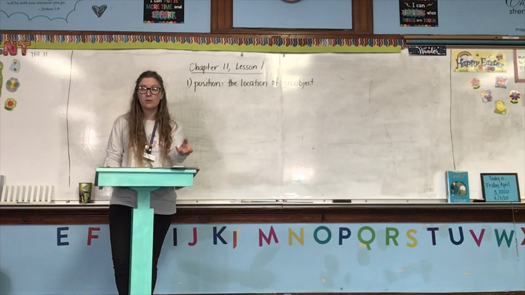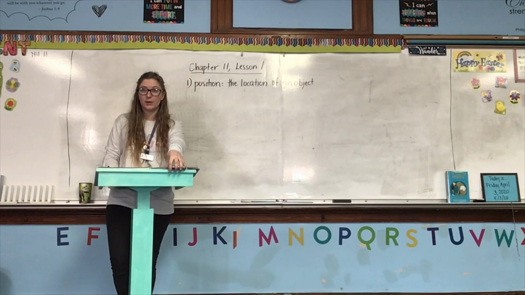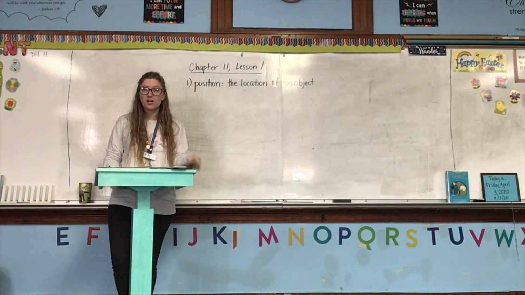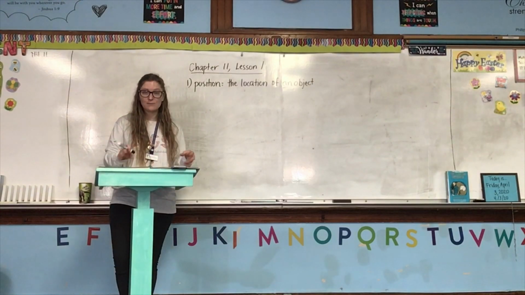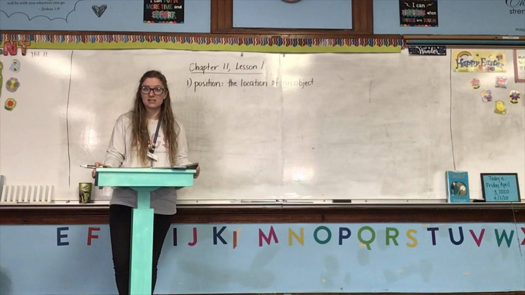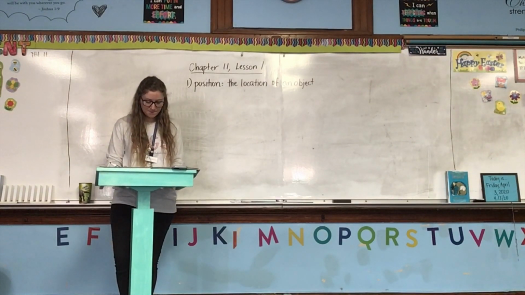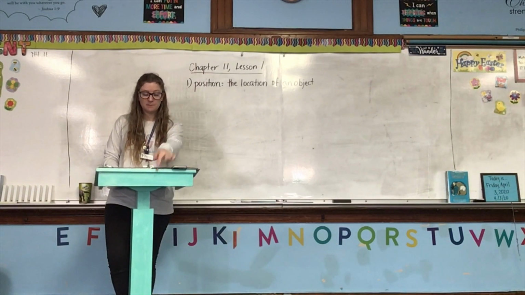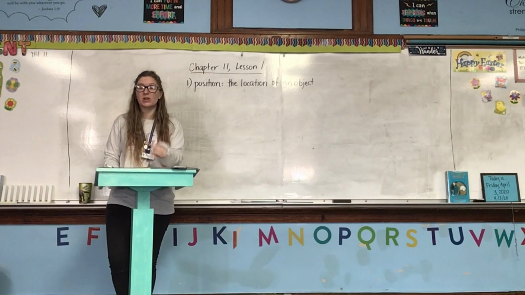So if you notice, when I said the position of my cell phone, I said on the podium. I could have also added under my textbook, and that's another way to say position. I'm telling you where it is in location to both the podium and my textbook. It is on top of the podium, underneath the textbook. The objects used for comparing are called the frame of reference. So that means, in the case of my cell phone, the podium and this textbook are the frame of reference.